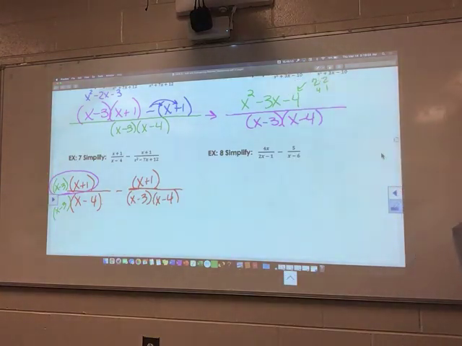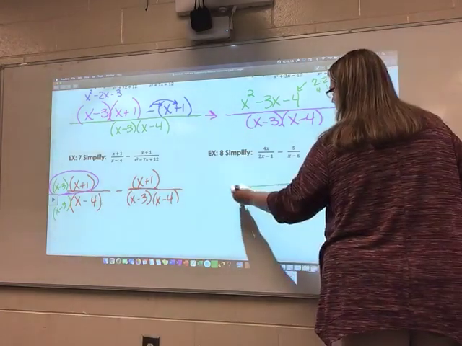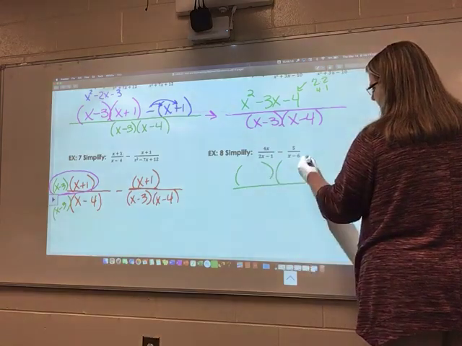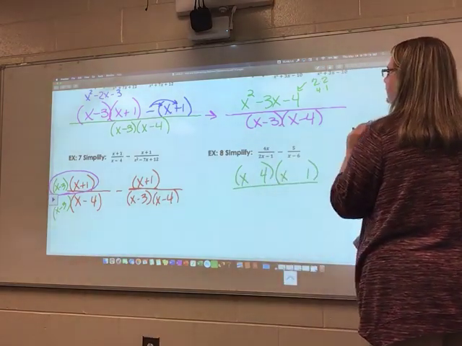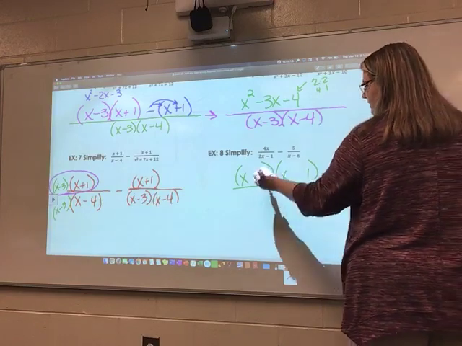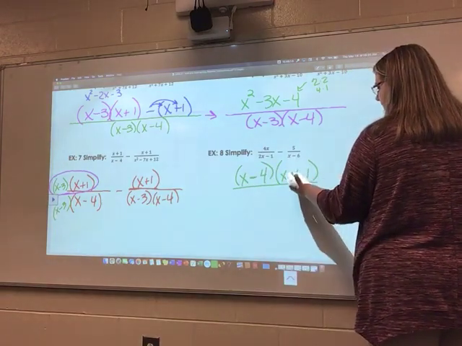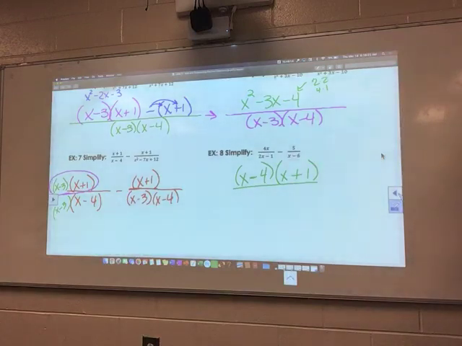I need to add or subtract to get 3 out of that. 4 and 1. I need my 3 to be negative, so I need the bigger one to be negative and the 1 to be positive. I can subtract them. And the reason I need the 4 negative is because the 3 is negative.